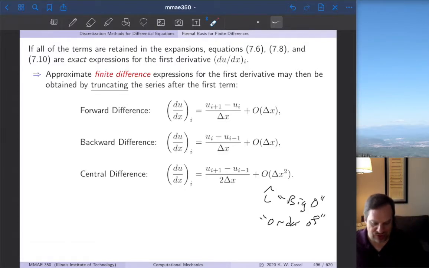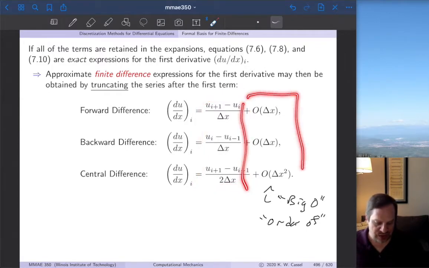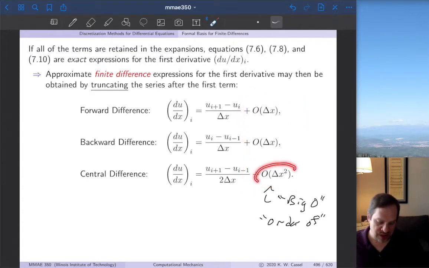So again, the two things we get are a formal derivation of these finite difference approximations, and the truncation error, so we can show formally that indeed the central difference is fundamentally better than the forward and backward difference.